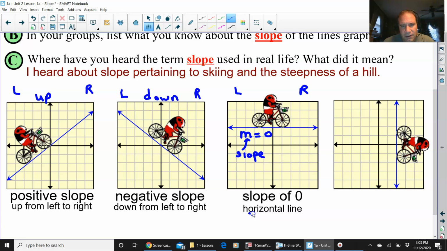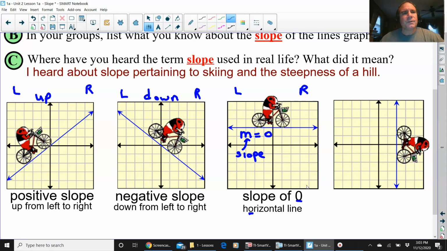You see this O right there? That reminds me of 0. So if I know that this is a horizontal line, that means that horizontal lines always have a slope of 0. You'll never forget that if you remember that a horizontal line is going across from left to right.